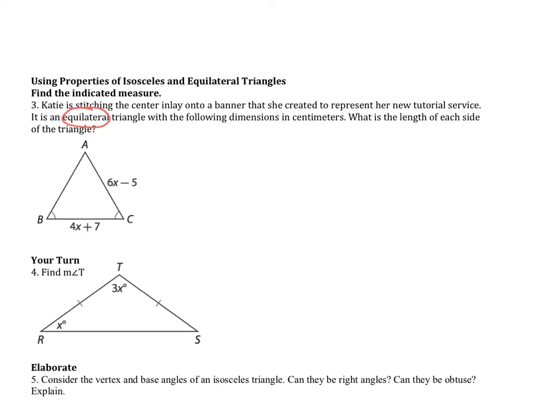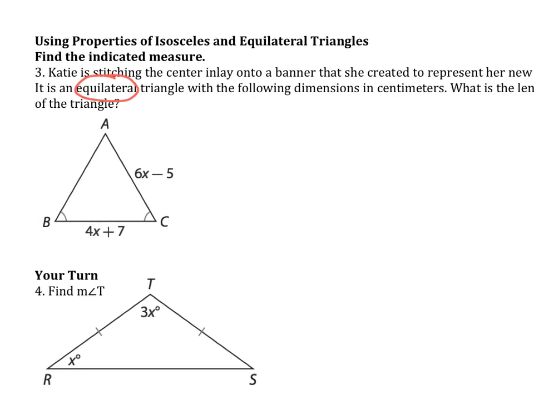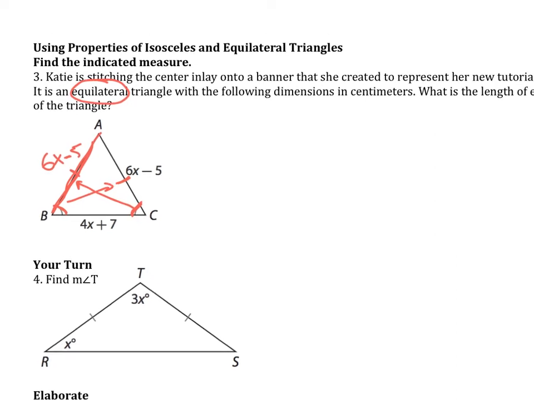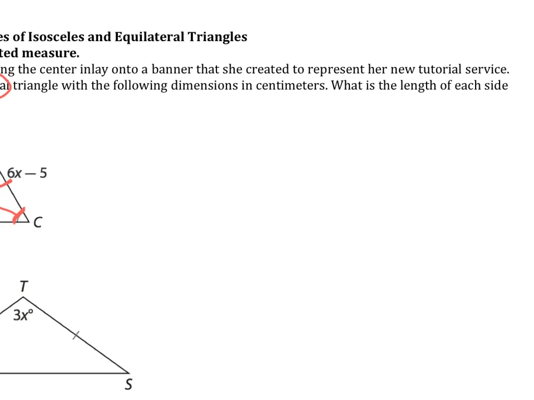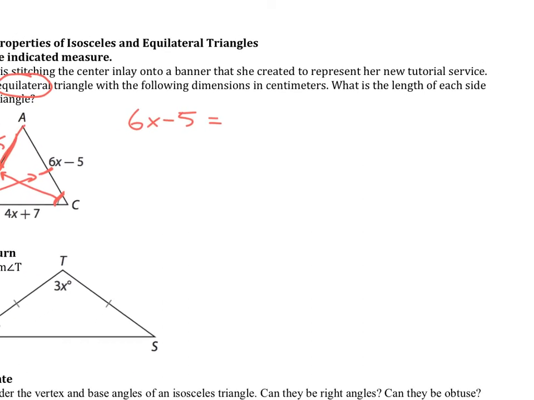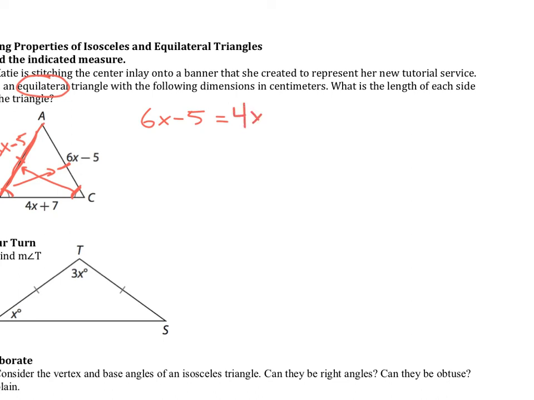Well, since we know that B is congruent to C, then the opposite sides are also congruent, meaning that AB has to be 6x minus 5. And since they all have to be equal, we can say that 6x minus 5 has to be the same as 4x plus 7, since those have to be the same length.